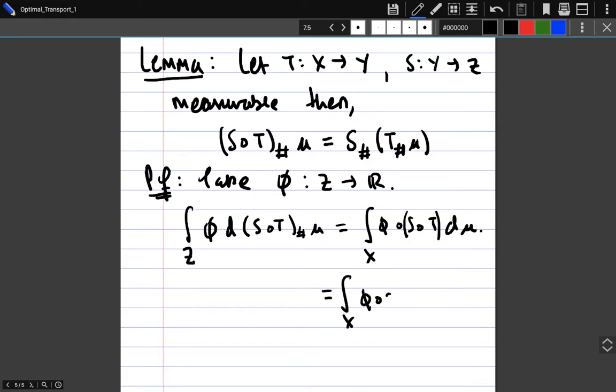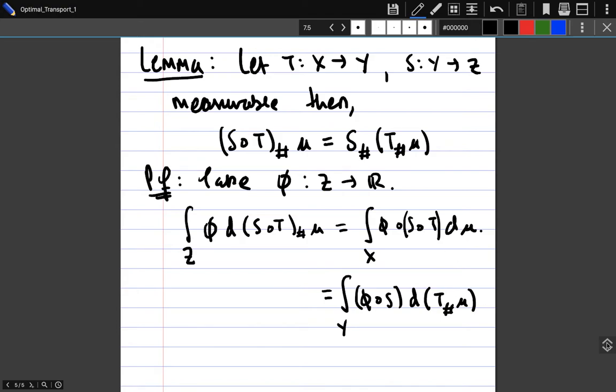You can just keep S, for instance, and this phi of S is composed with T. But then this is the same as integrating on the space Y with respect to the push forward measure defined on mu using the map T.